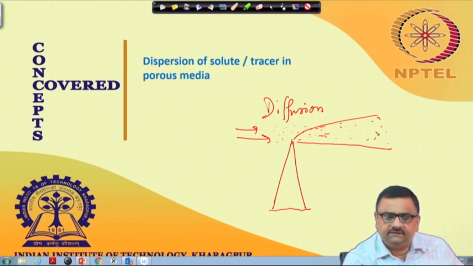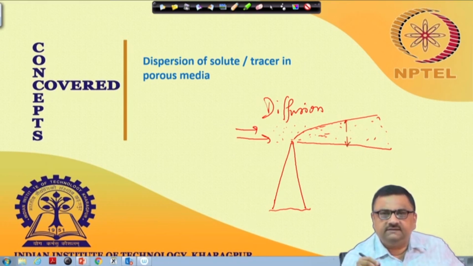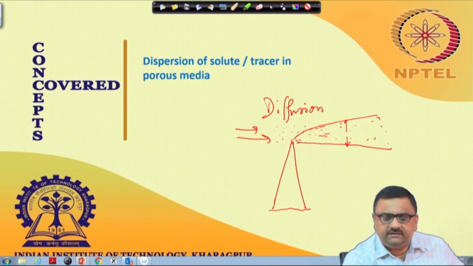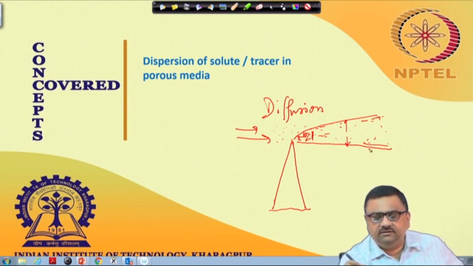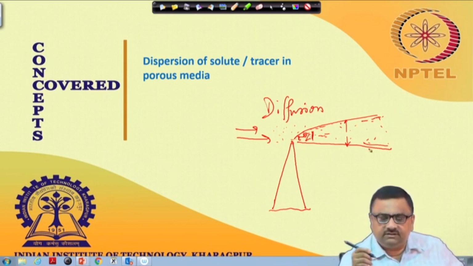It will take a shape like this, and you will find that this is gradually increasing in size, and here it looks more concentrated, but here it is more fuzzy. Here it appears to be more dilute, but you will get this kind of a situation there.